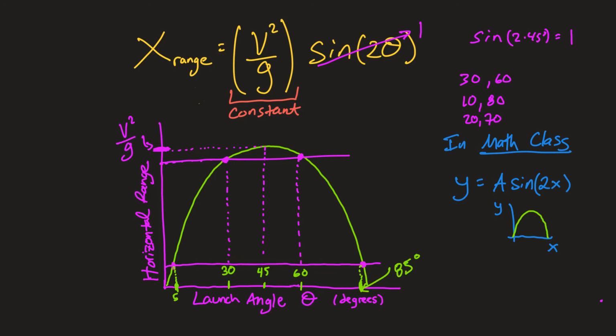Right there, those add up to 90, right? Which comes from that principle that we learned before. So anytime you draw a horizontal line on this graph, you're picking out angles that will give identical ranges, and that's going to add up to 90 degrees. Pretty interesting finding from our theoretical expression here and our graph.